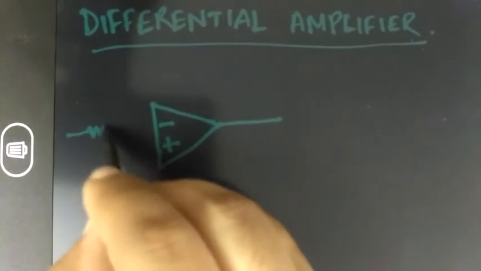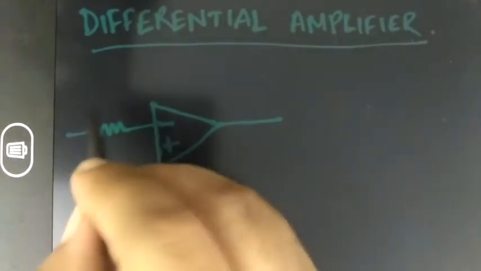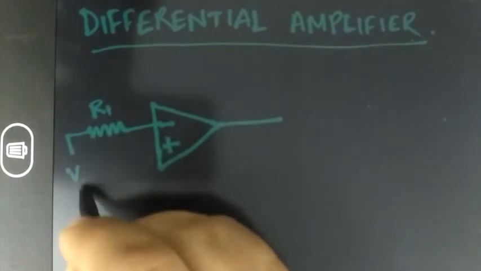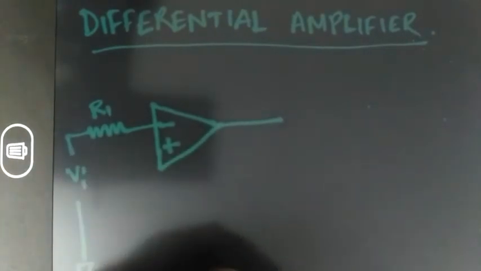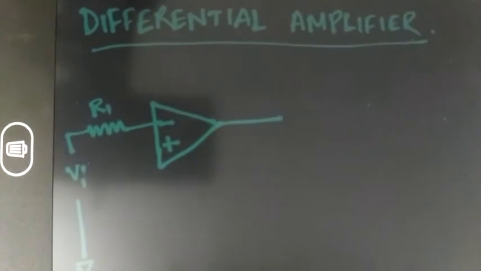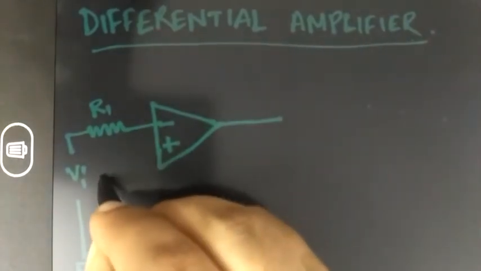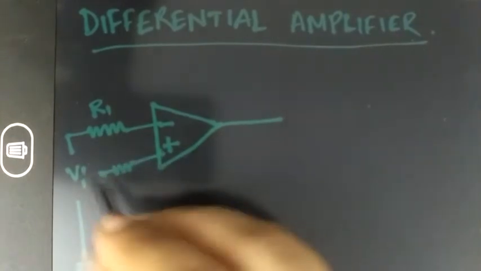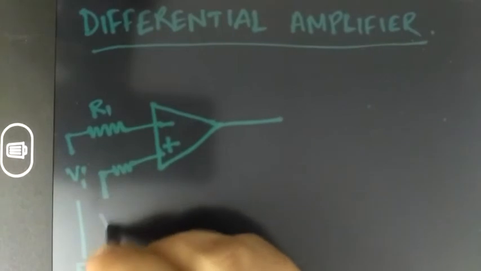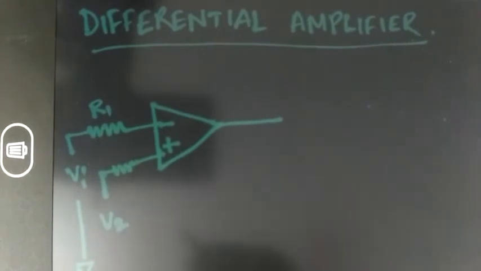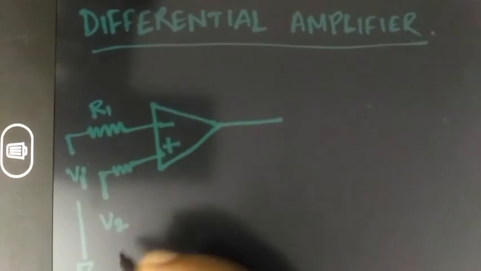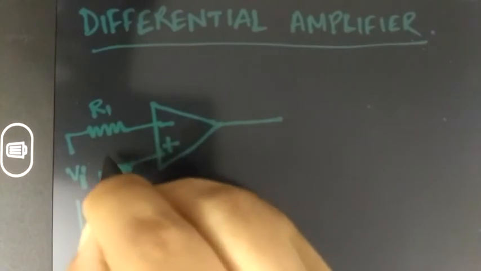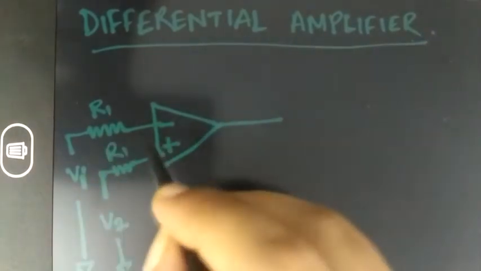We will apply a voltage V1 at pin number 2 via a resistance R1, and another voltage V2 is applied at pin number 3 via a resistance, let that also be R1.